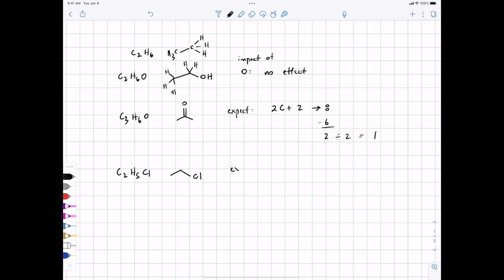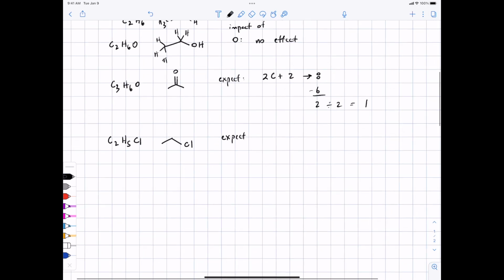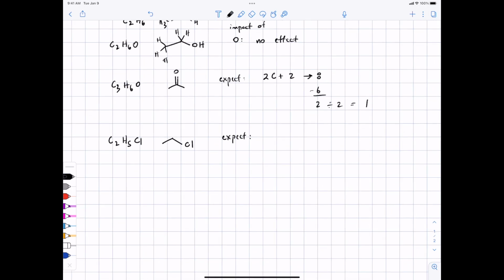Now, if we made no adjustment in our calculation of what we expect, 2C plus 2 equals, sorry, not 8, I'm really struggling with the math, 6. How many do I actually have? 5. 1 divided by 2. What the heck does half a double bond equivalent or half a degree of unsaturation mean? Nothing. Doesn't mean anything. It means that you needed to adjust your expectation.